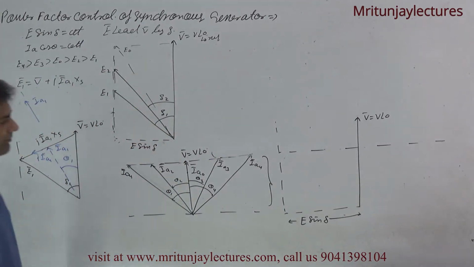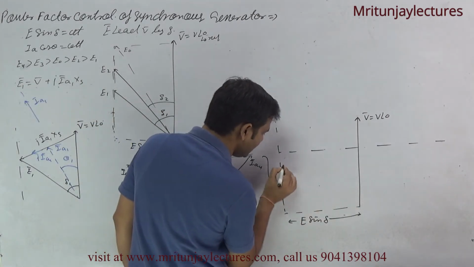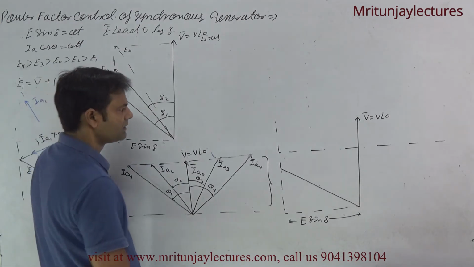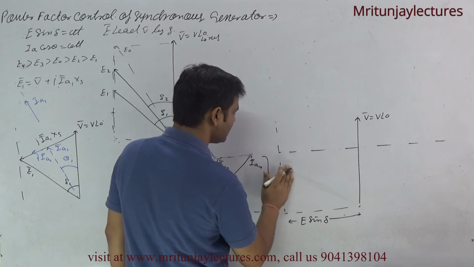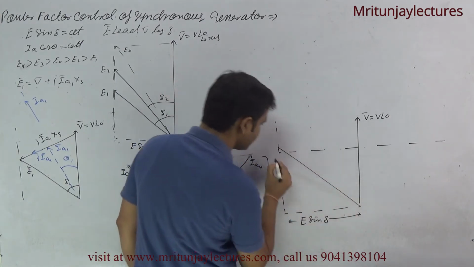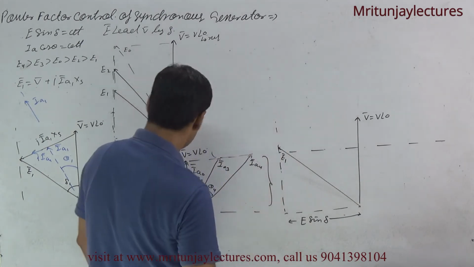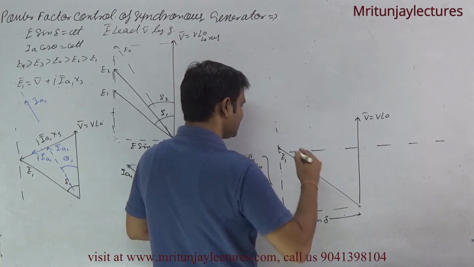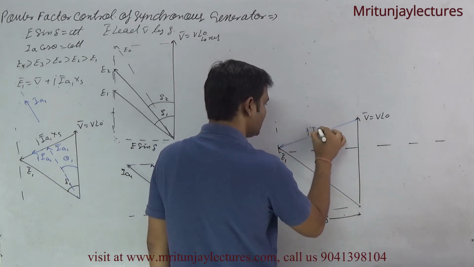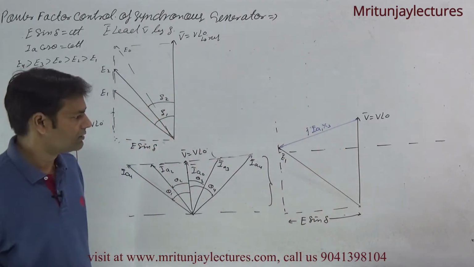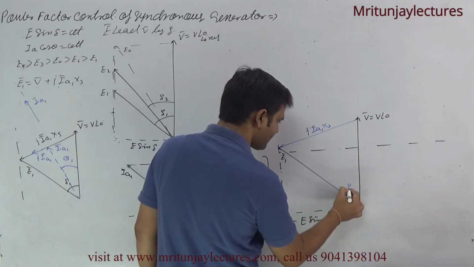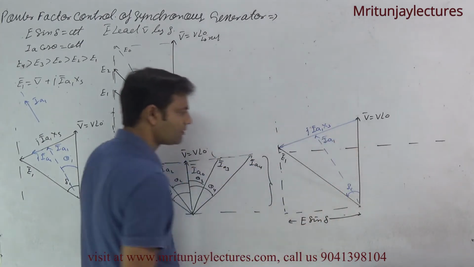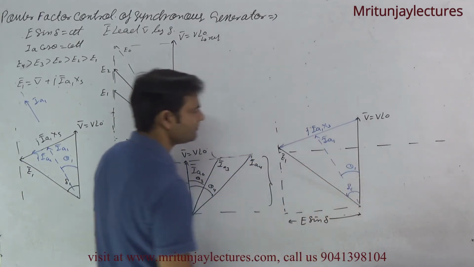If the field excitation is E1, then this one represents j Ia1 into X, corresponding to delta 1 here. And this is Ia1, corresponding to theta 1. Clear?